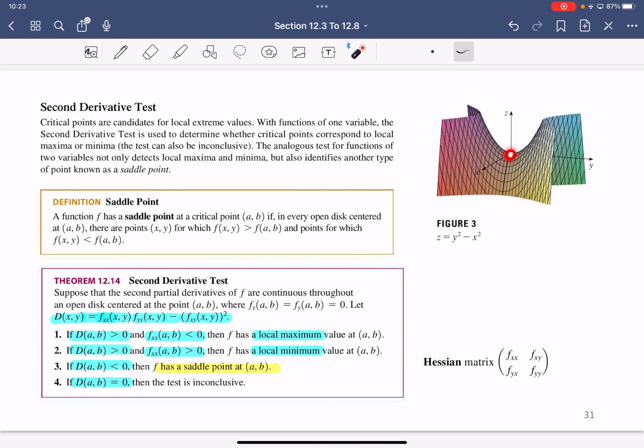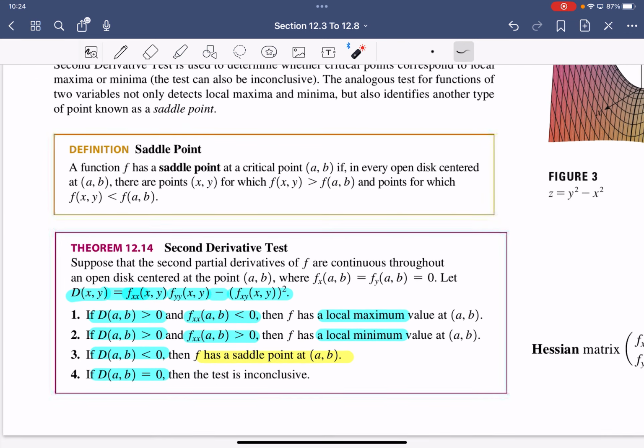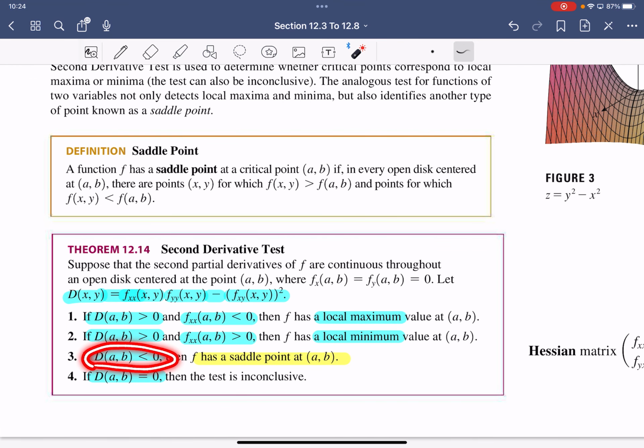It is not maximum and also not minimum, because it cannot be max and min at the same time: in one line it is actually minimum, and in another line it is gonna be the maximum. So this is a point called the saddle point. The saddle point is the one where you have D less than 0.